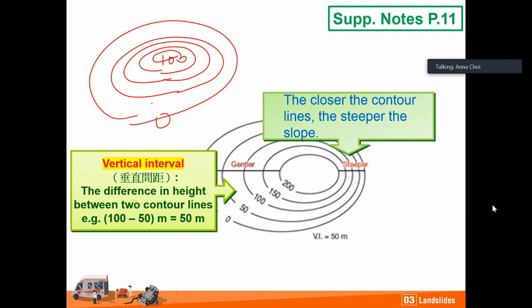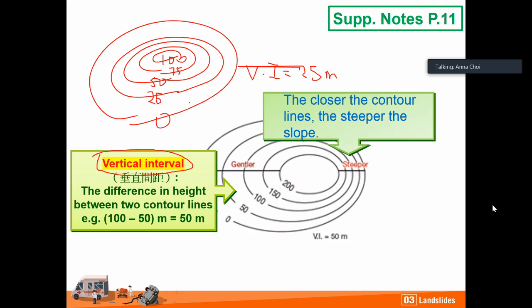Yes, 25. If you look at the data here, this is 25, this is 50, and this is 75. That's why the vertical interval, I make it short, VI, will be 25 meter.